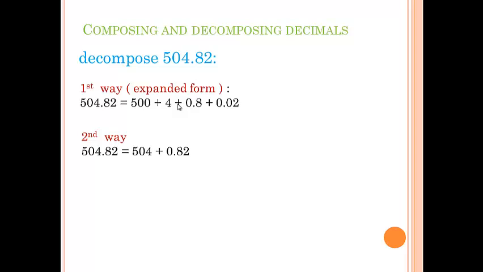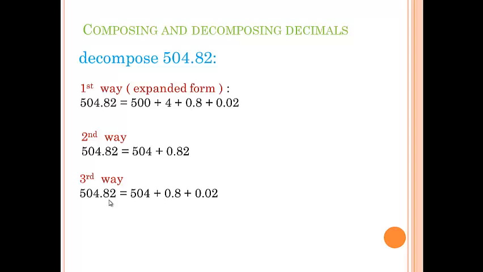Third way, we can keep the whole part the same and break the decimal part and write each digit with its value. 504 the same, and break the decimal part into its digit values. 8 in the 10th place, so its value is 0.8. 2 in the 100th place, so its value is 0.02.